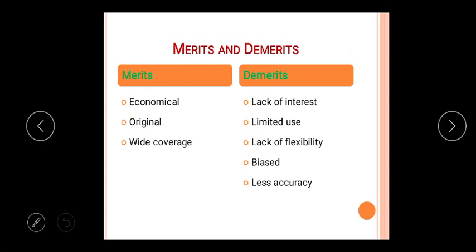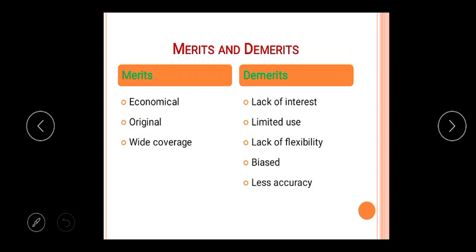The first important advantage of the mailed questionnaire method is that the method is economical in terms of money, in terms of time, and in terms of efforts involved. Means this method is relatively cheap and expeditious provided the informants respond in time.